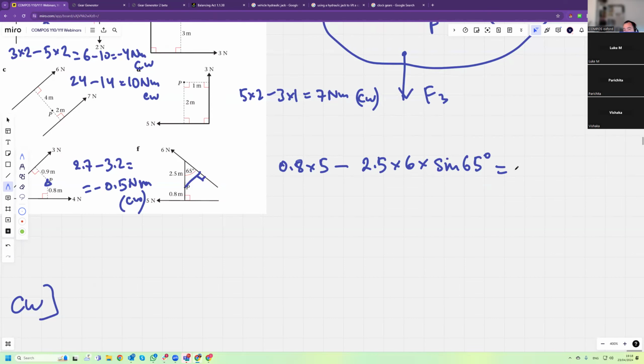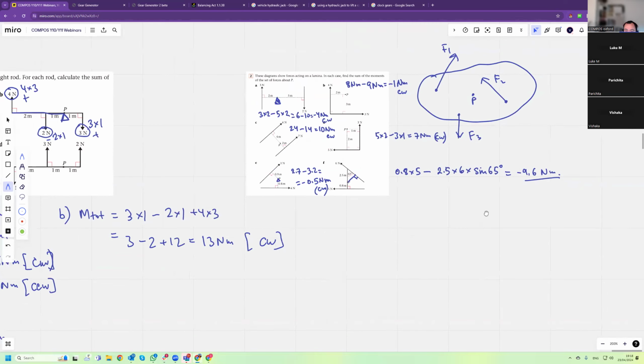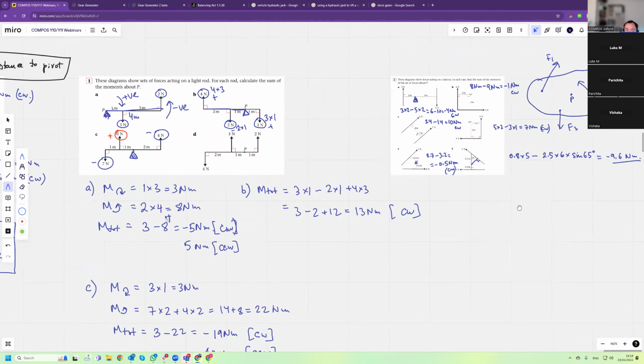And that gives us 4 minus 2.5 times 6 times sine 65 degrees, which is minus 9.6 Newton meters. Okay.